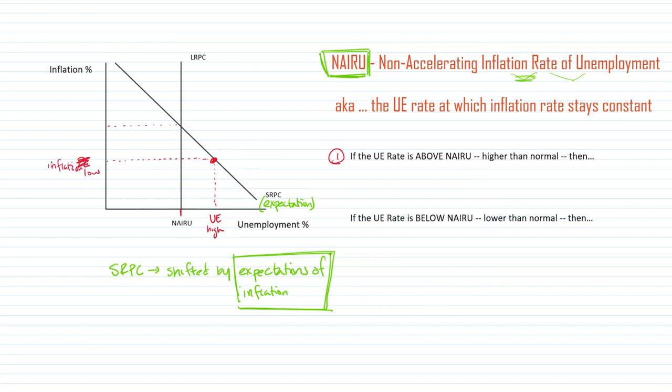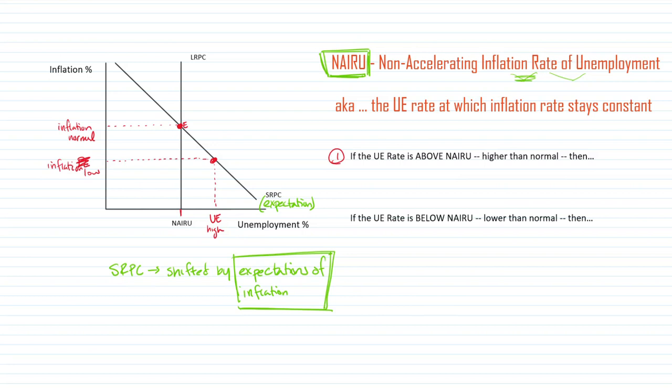That inflation rate would be lower than the expected and normal inflation rate that people are used to in this economy. So NAIRU creates for us an equilibrium point of where our economy is supposed to be at a given unemployment rate and a given inflation rate.